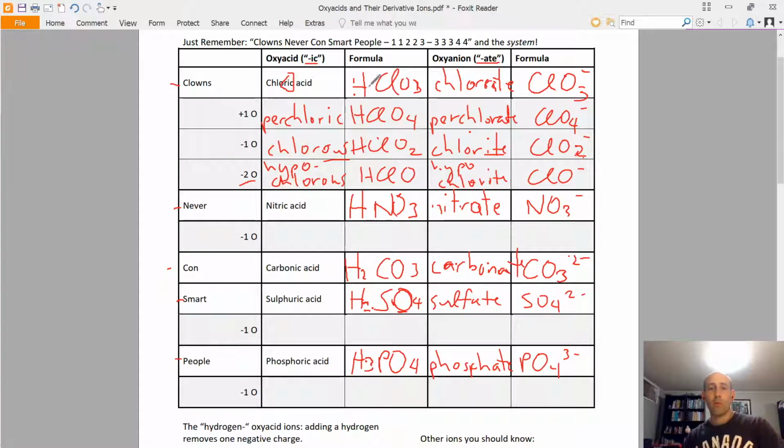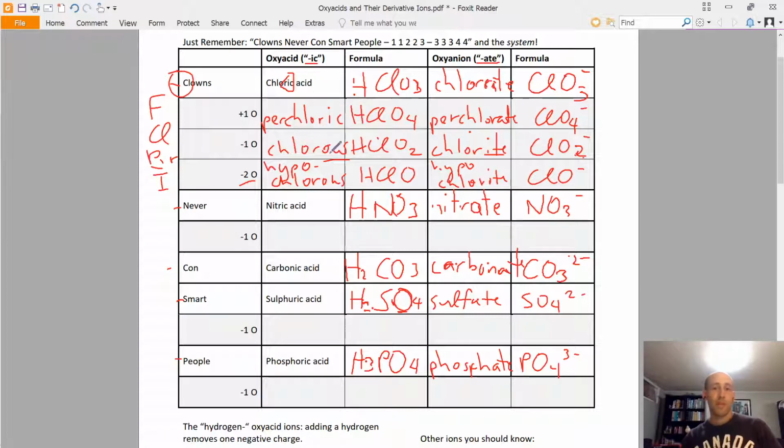So you might think, oh, cool, I've just learned a system for these 4. But in fact, you have learned the same system for 16 different ones. And that's because the same principle applies to all of the halogens. So you could do this same thing with fluorine, chlorine, which we just did, bromine, and iodine, right? So fluoric acid is HFO3, and the fluorate ion is FO3 minus. Or you could have bromic acid.